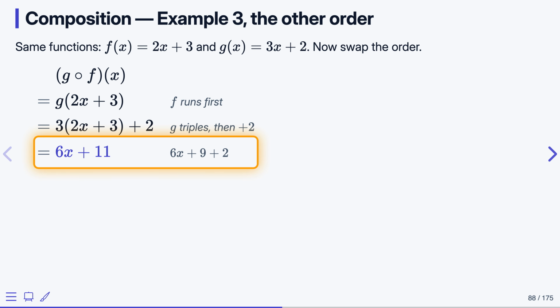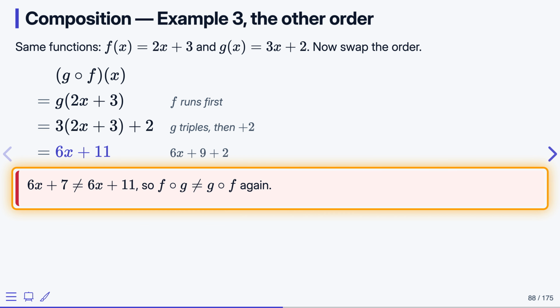Step 3. Multiply out. 3 times 2x is 6x, and 3 times 3 is 9. So we have 6x plus 9 plus 2, which is 6x plus 11. Compare the two answers, 6x plus 7 and 6x plus 11. They differ by 4 for every x, so once more, f circle g is not the same as g circle f.